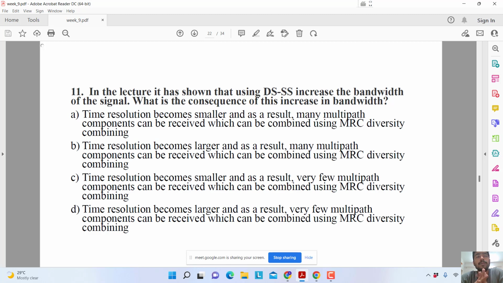You just have to tell the intuition behind this scheme. In the lecture, it has been shown that using DSS increases the bandwidth of the signal. What is the consequence of this increase in the bandwidth?